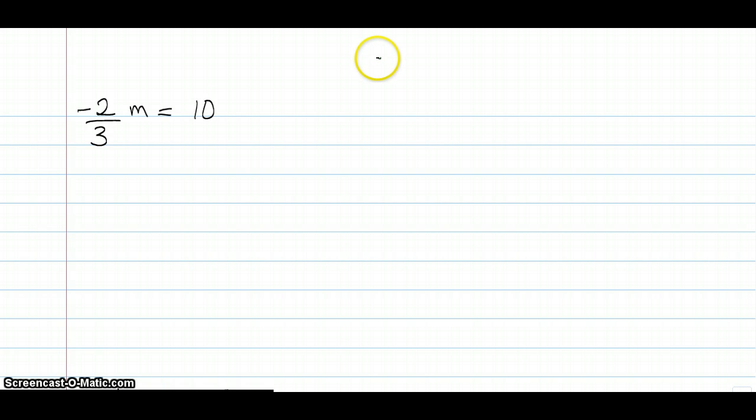Whenever I divide, I'm really multiplying by my reciprocal. So instead of writing this out, I can just say I'm dividing by negative 2/3. That means I'm multiplying by the reciprocal, which is negative 3/2. So, negative times a negative is a positive. Cancel, cancel. Oh, that just equals 1.